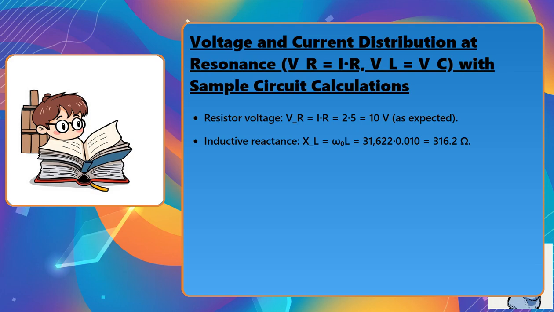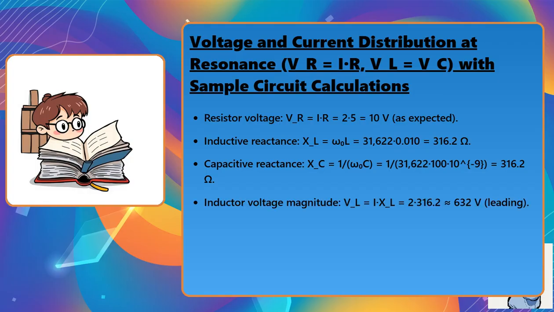Inductive reactance, X sub L equals omega naught L equals 31,622 times 0.010 equals 316.2 ohms. Capacitive reactance, X sub C equals 1 over omega naught C equals 1 divided by 31,622 times 100 times 10 to the minus 9 equals 316.2 ohms.